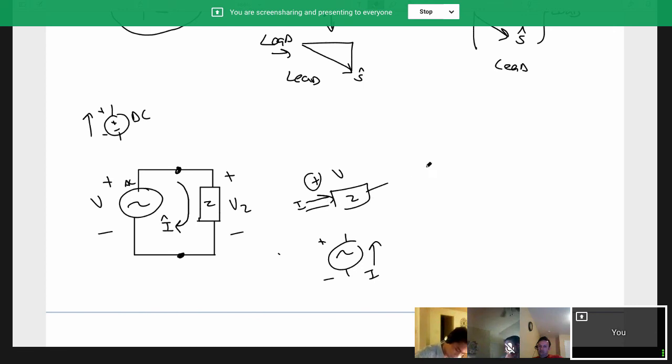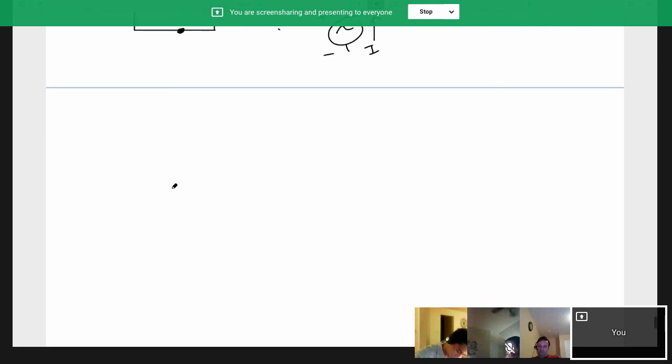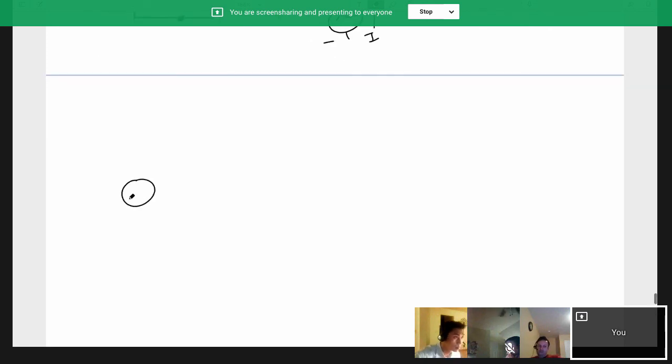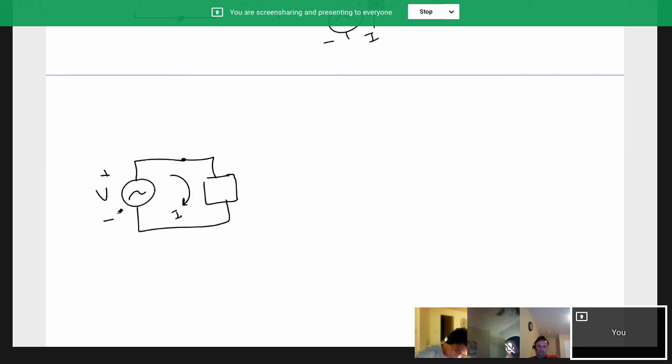So how about this? Let's pull these apart one at a time. So this circuit looks like this. Here's our I. Here's our voltage. Here's our voltage drop.